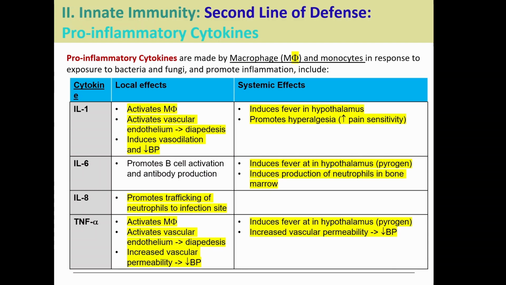Let's go into interleukin 1. This is going to activate the macrophages, so we can turn the macrophage on. It's going to activate the vascular endothelium, basically for increasing vasodilation.